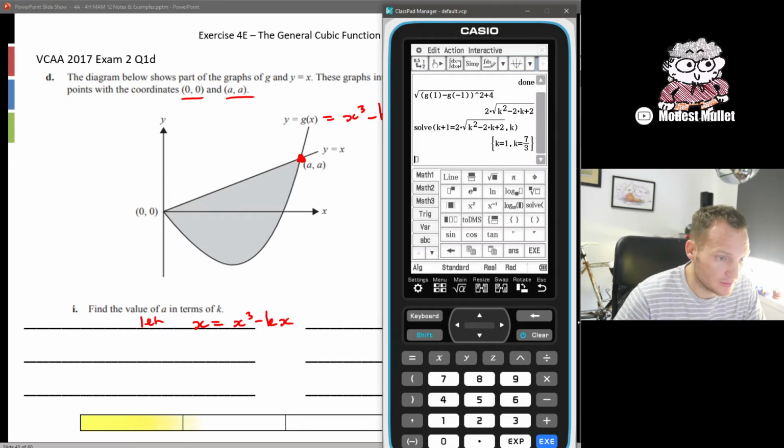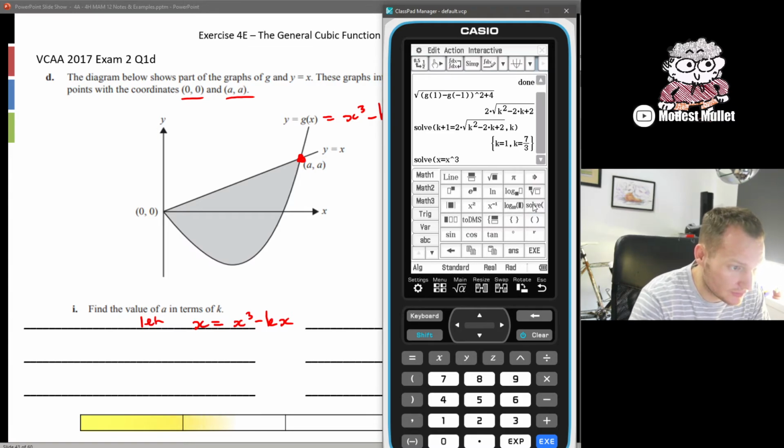So again, let's solve x equals x cubed minus, we could just type in g of x since we defined it earlier. And what are we trying to figure out? We're trying to figure out where they intersect, which is effectively, even though it says here find the value of a in terms of k, we're actually trying to find the x-coordinate of the intersection.